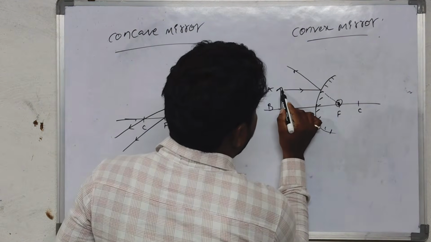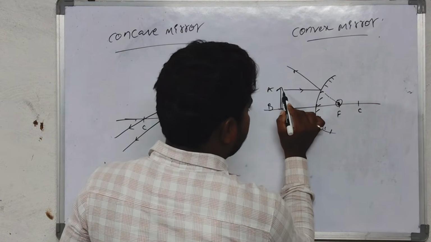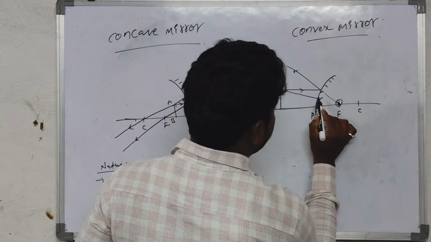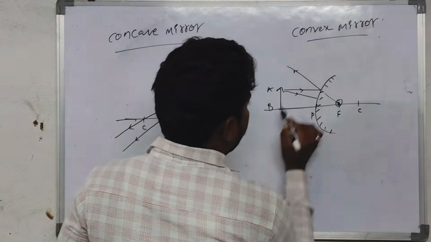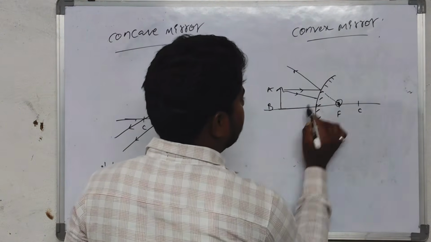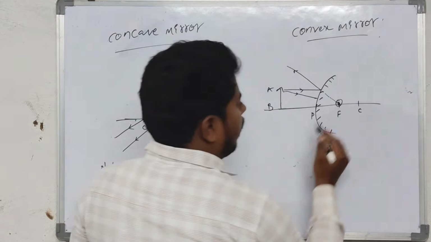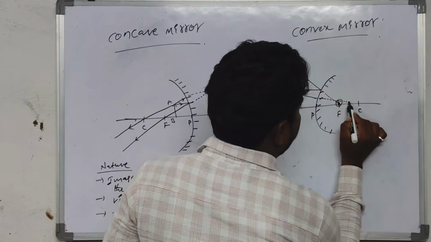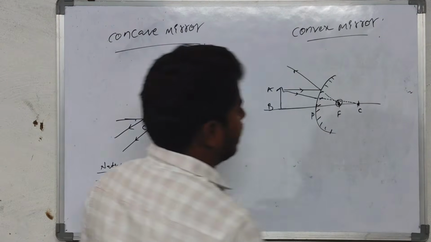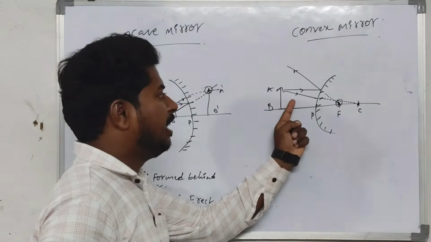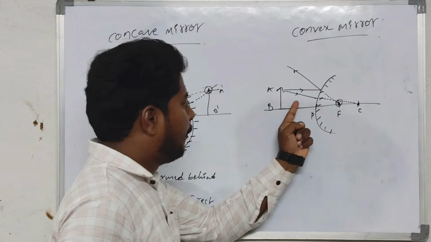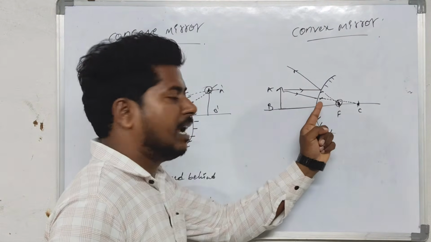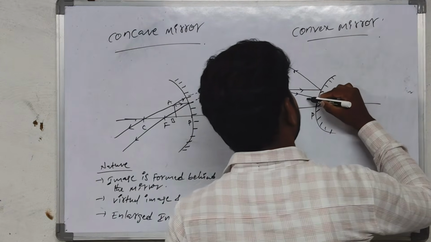A ray of light from the object towards the mirror strikes the mirror. If you extend dotted lines from here, it exactly touches the center of curvature. When the incident ray appears to pass through the center of curvature, it gets reflected back along the same path.